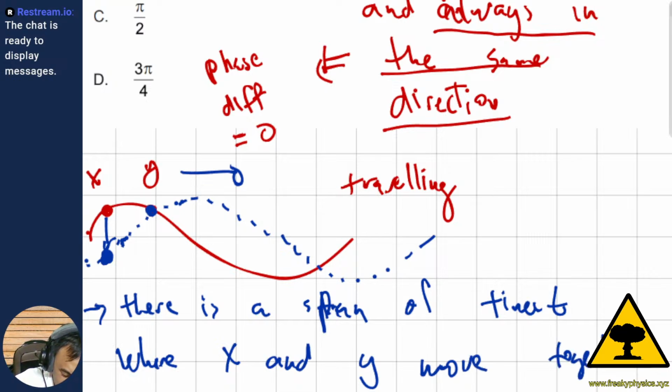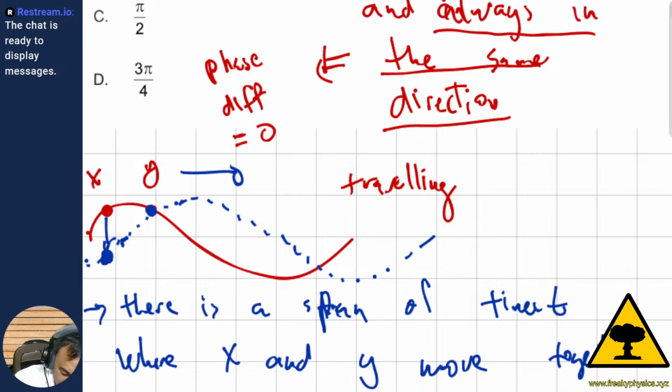And the period is big T. And the rest of the time, they're not moving together.